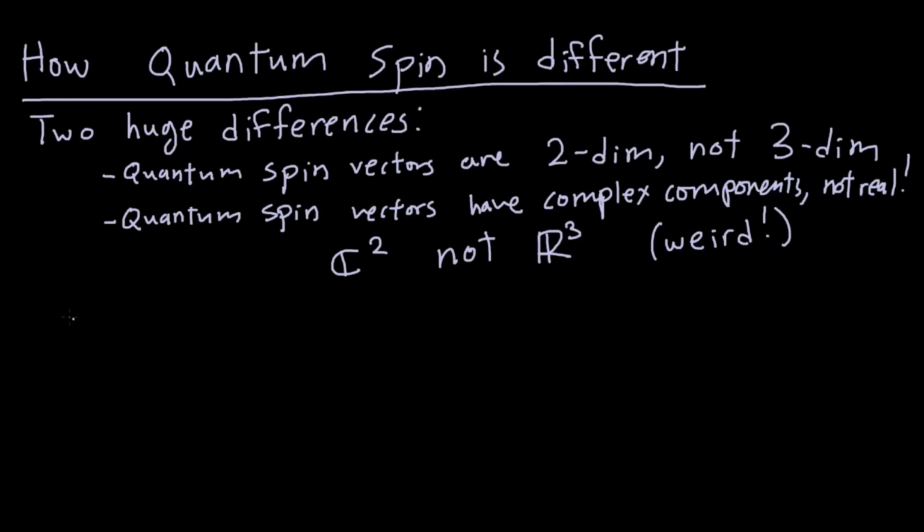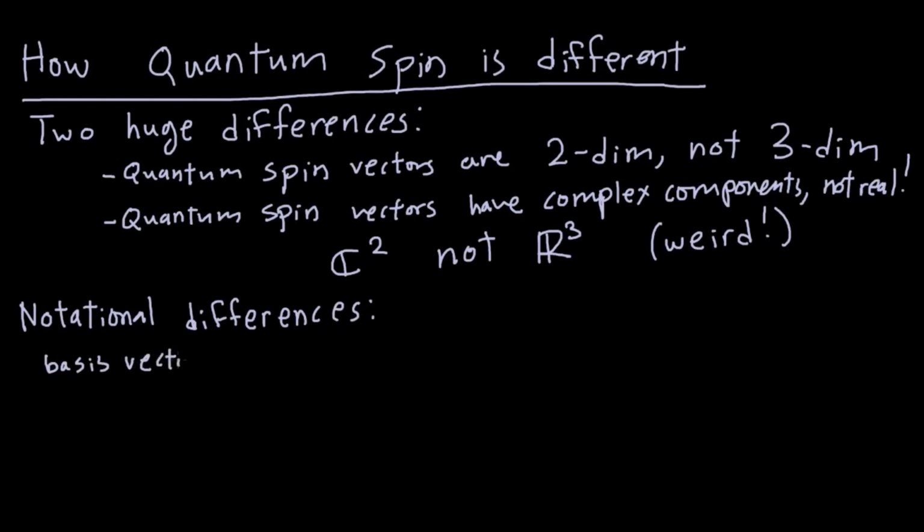Now, there are also many notational differences. And if you want to understand what everybody else is writing, you've got to understand the notation. So to start off, usually we write the basis vectors as i hat, j hat, and k hat.